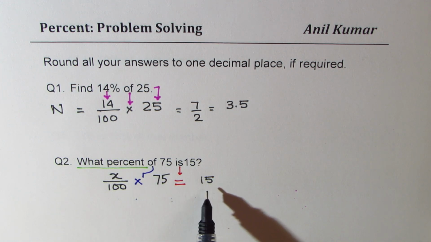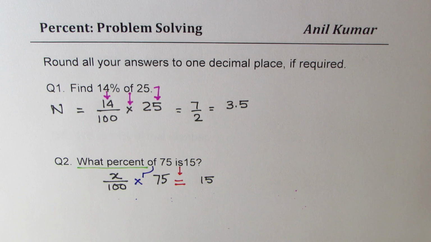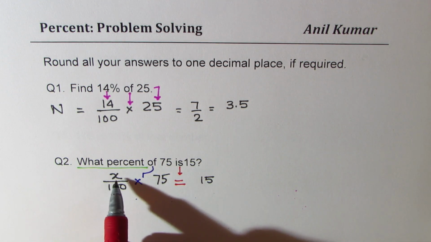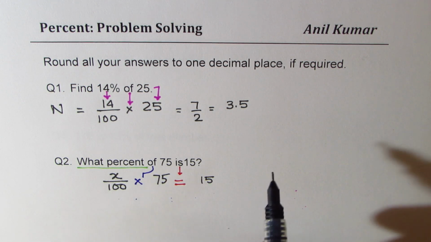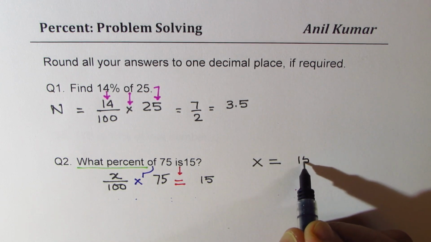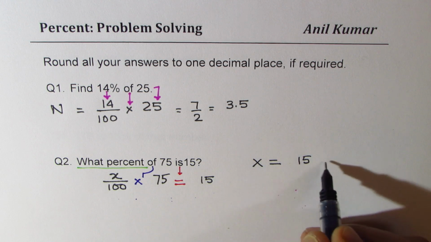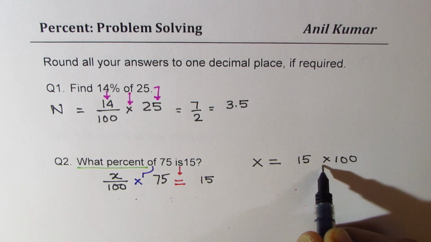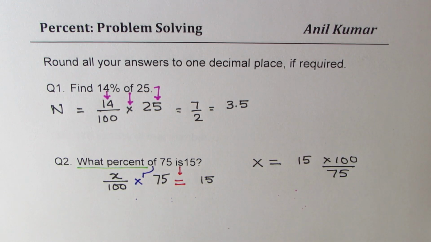The next step is you can cross multiply and get your answer, correct? So from here, X is what? X is equal to 15, which is already there, and take 100 to the right side, which means you'll multiply by 100 and divide by 75. Does it make sense to you? That is what you will do.